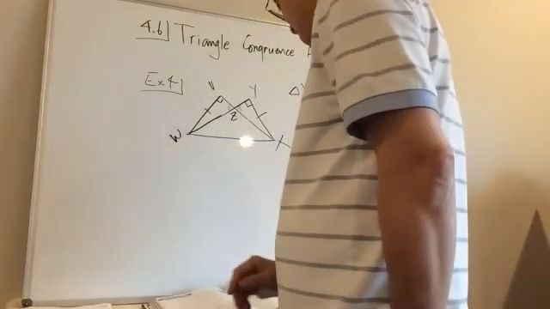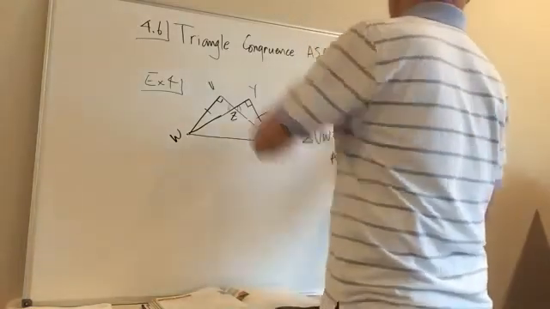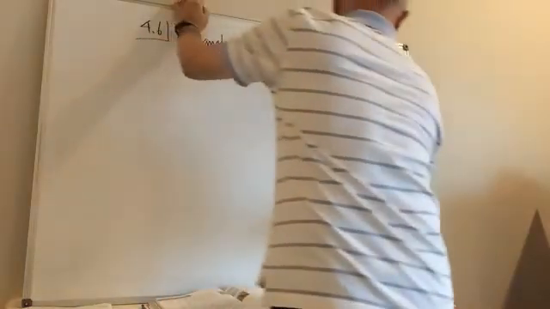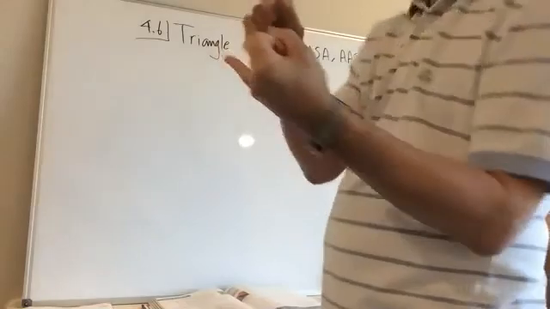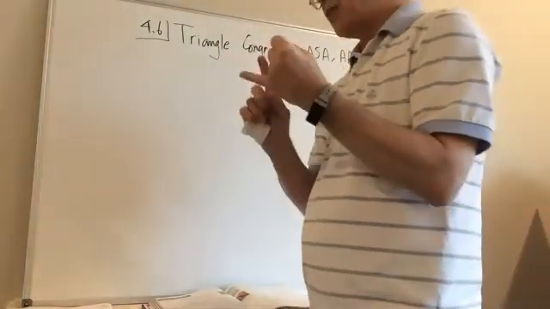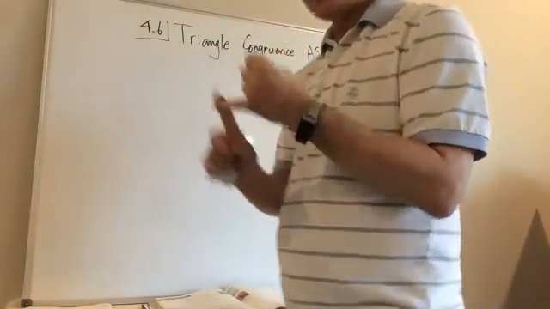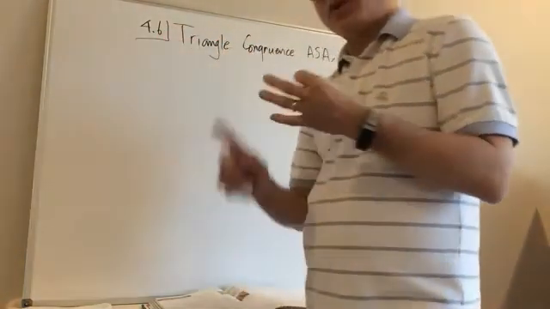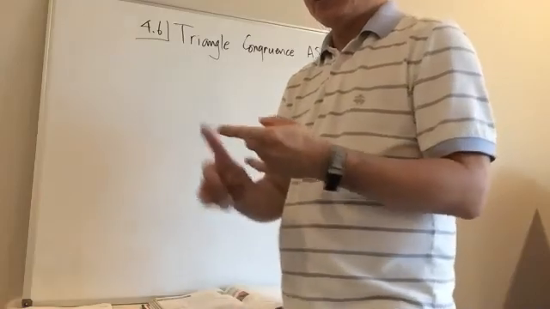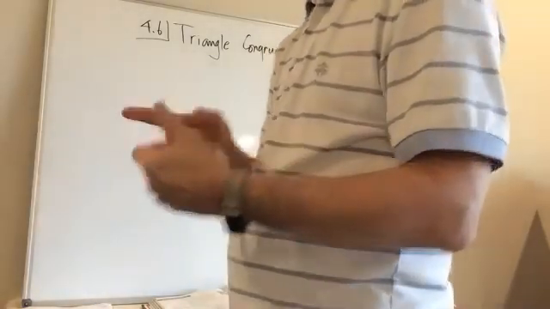All right, we're done with 4.6. So in conclusion, in 4.5, we learned the congruence of side, side, side and side, angle, side. And then in 4.6, we learned angle, side, angle, angle, angle, side, and hypotenuse leg.